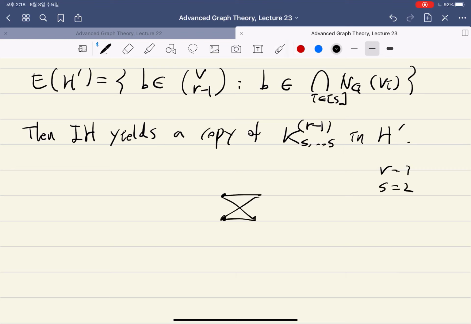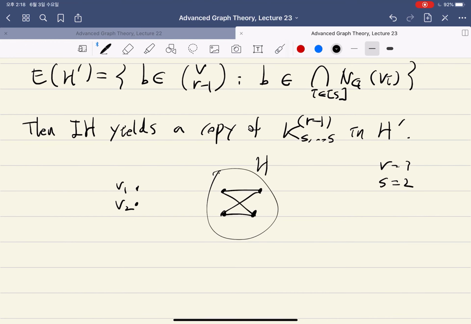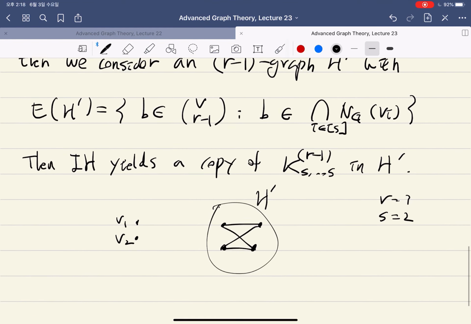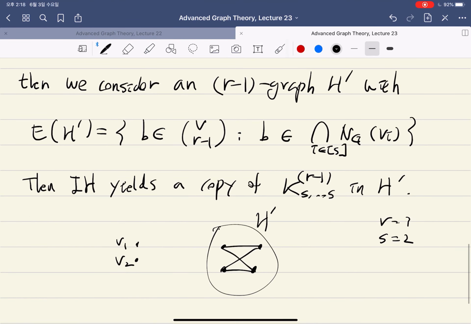Then you get a K2 in H prime, and you have these two vertices V1 and V2, where H prime is obtained from these two.